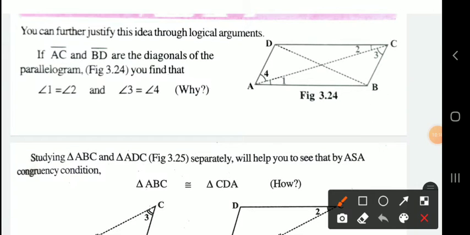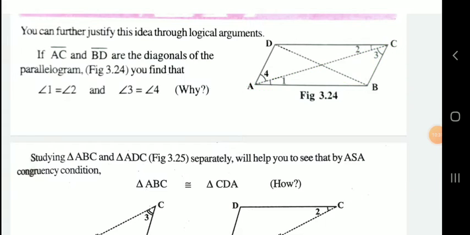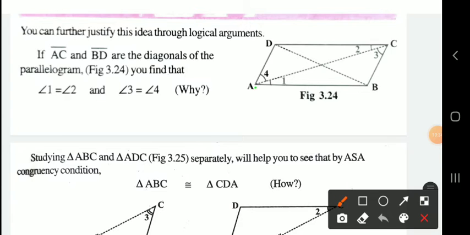First one is triangle ABC and the next one is triangle CDA. Consider these two triangles, ABC and the triangle CDA.